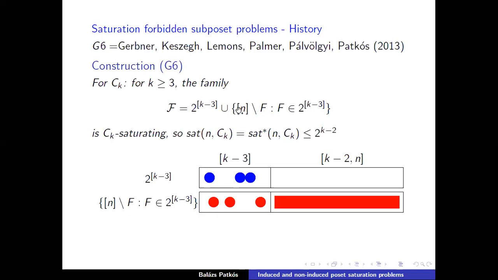What does this family look like? I have this small part here, the first k minus 3 elements, and all its subsets. And I have their complements. Their complements all contain whatever I have in this large interval, all the elements from k minus 2 to n. And of course, whatever I want to have here, I can have, because I just take the complement with respect to here, and then by definition my set is there.